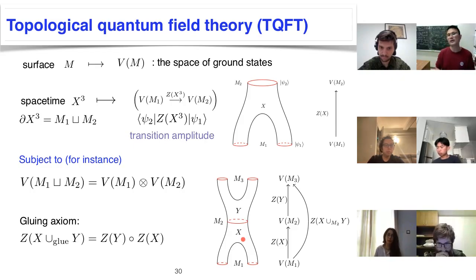Then you can glue these two along the boundary M2 to form another space-time manifold. The gluing axiom says the operator associated to the glued manifold can be obtained from the linear operators of both X and Y.